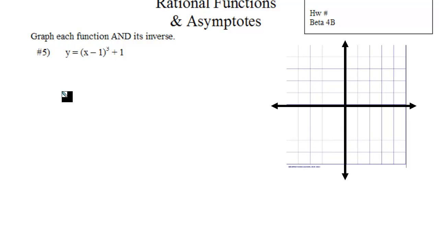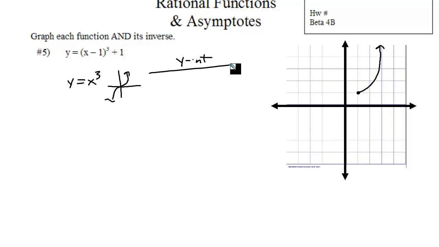Done. Number 5, graph the function and its inverse. This function has a parent of x cubed, which looks like this. This minus 1 moves it to the right 1, this plus 1 moves it up 1. So it's right and up, like so. Let me find the y-intercept before I finish this so I can make it somewhat accurate.